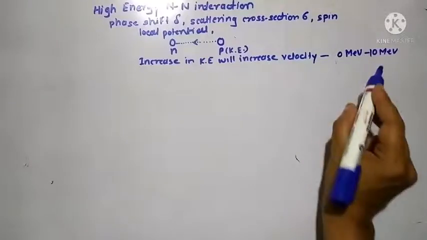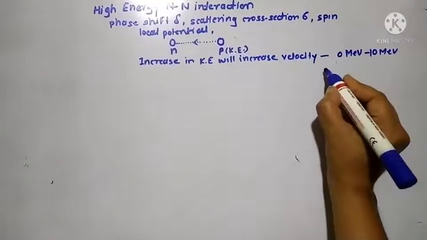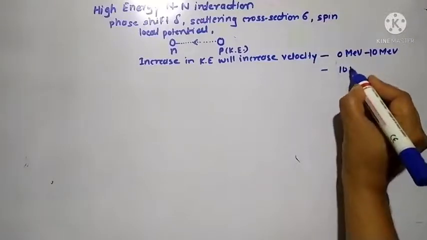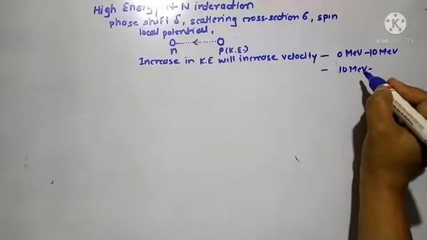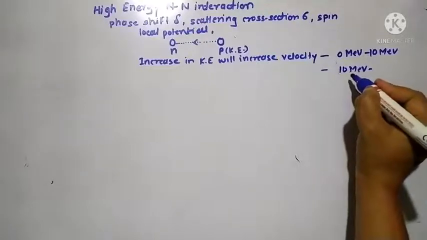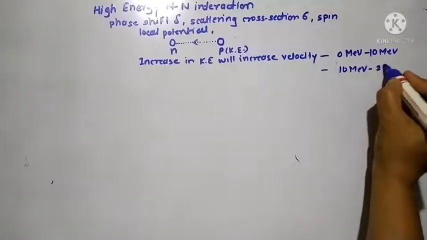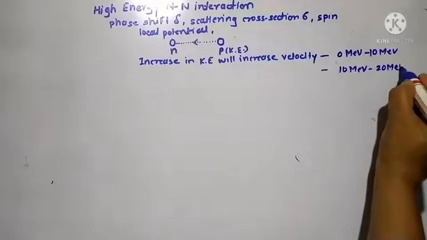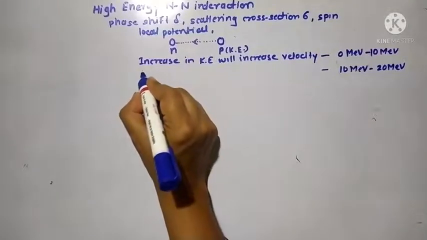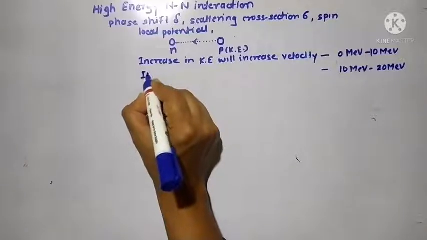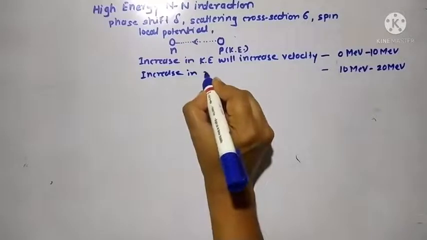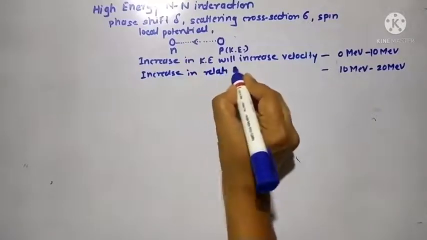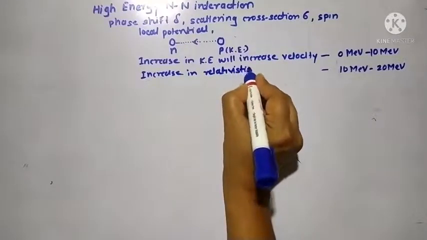Now if I increase the kinetic energy of the proton from 10 MeV to, say, the range of 10 MeV to 20 MeV, then we have to consider increase in relativistic mass.